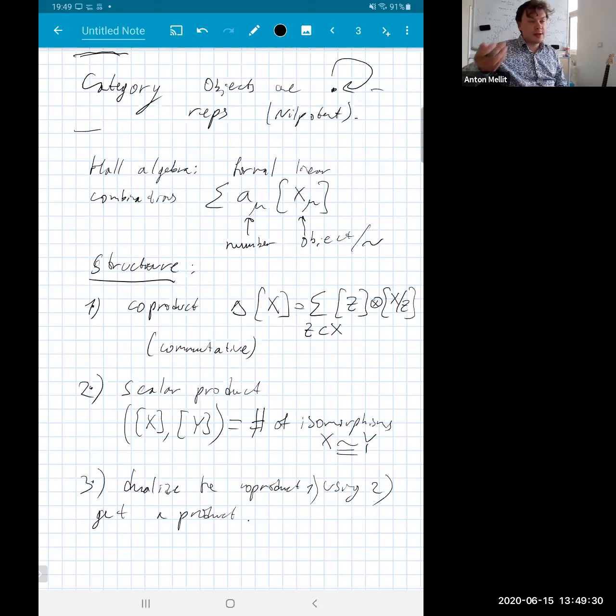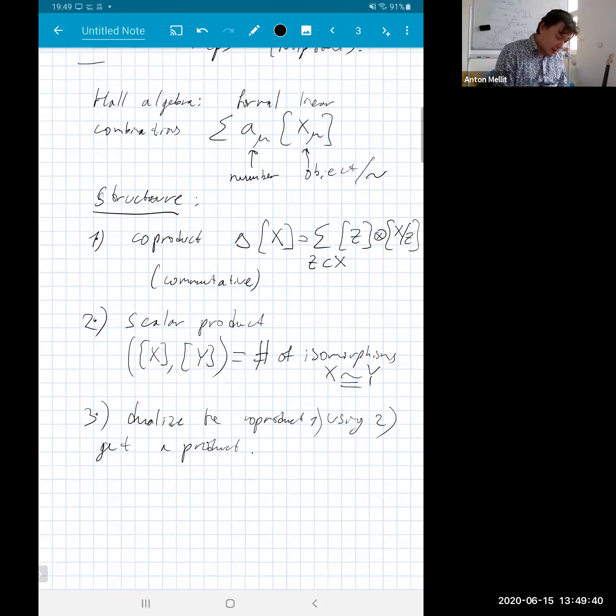And of course, in general, you could take any coproduct and dualize it and get something which is again associative. But the mystery here is that in this kind of situation, there is a theorem of Green. The theorem tells you that you get a Hopf algebra.